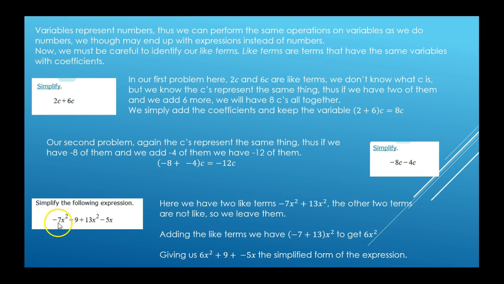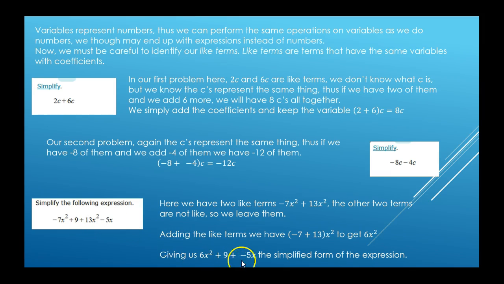So in this expression, negative 7x squared plus 9 plus 13x squared minus 5x, we have 4 different terms. 2 of them are like terms. So we can take the negative 7x squared, add it to the positive 13x squared to get a 6x squared.